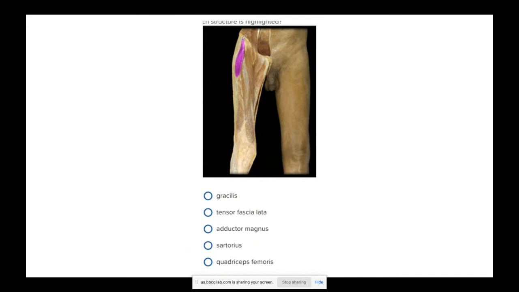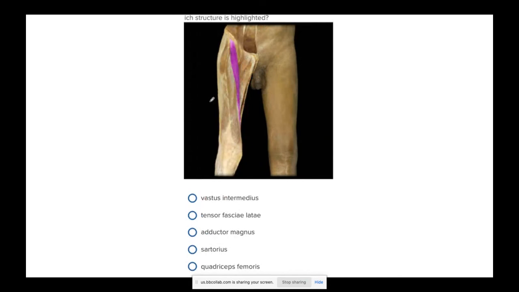TFL, this is your Starbucks muscle. This is your tensor fasciae latae muscle. It's not gracilis. Gracilis is here. It's not your sartorius. That would go here. And it's not your quadriceps femoris, because those are the four muscles in the front of the thigh.